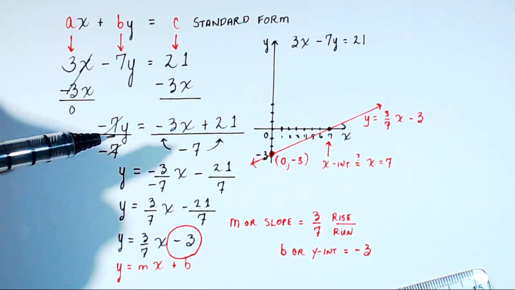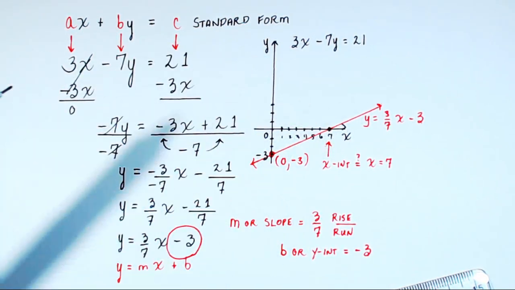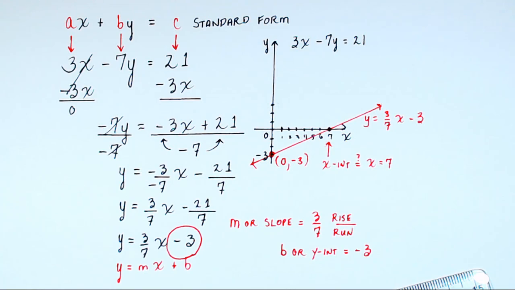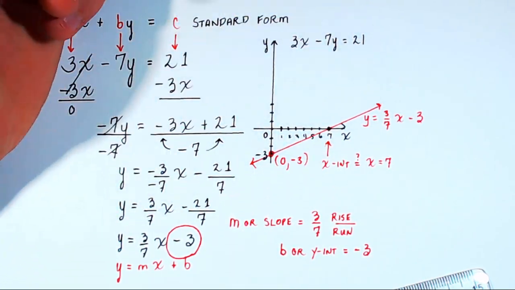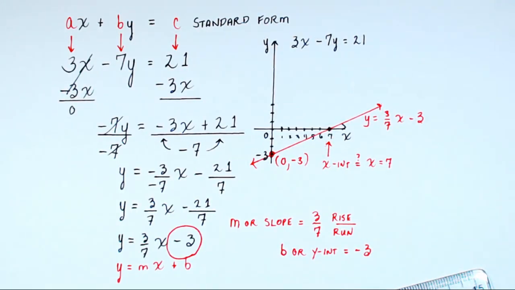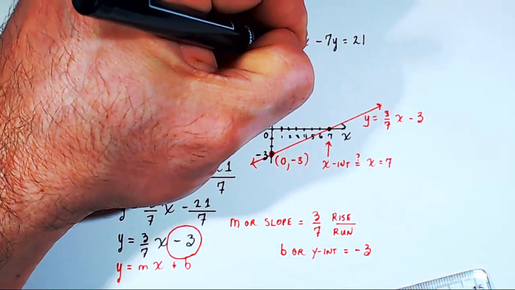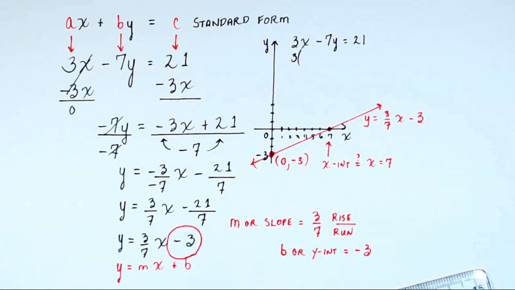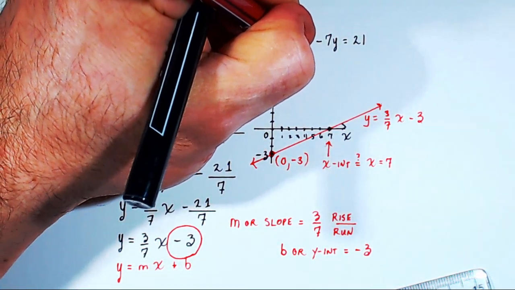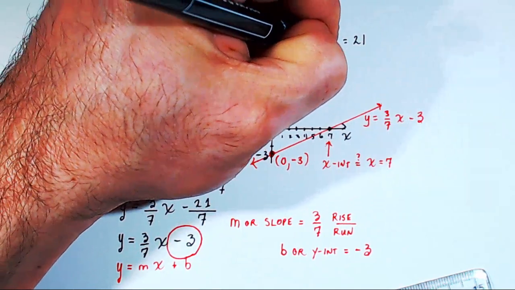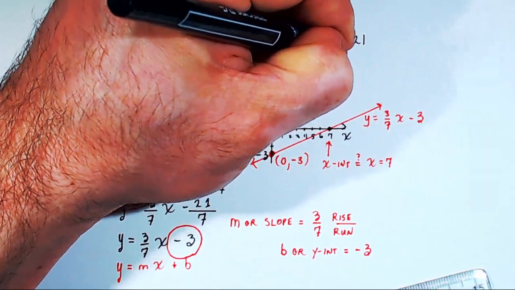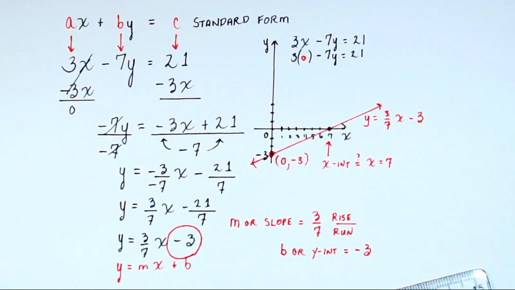Your problem may ask you for more information than can be gathered using this shortcut, but maybe not. So everywhere we see an x, we're going to put a 0. So I'll rewrite this. 3, open paren, 0 for that x, close paren, minus 7y equals 21. And let's see if it works out.